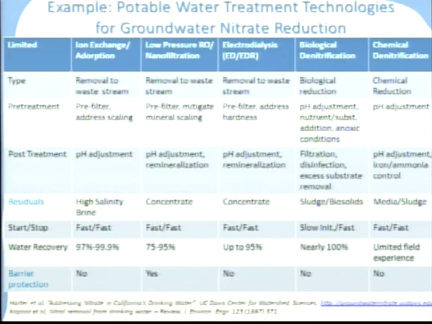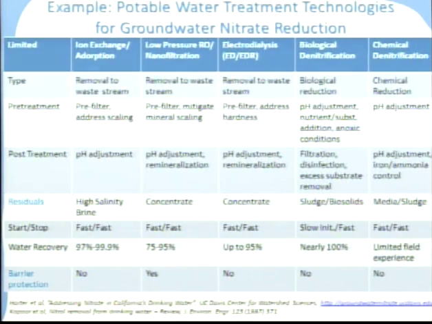So I'm just going to focus on a couple of points. Right here in terms of residuals, you notice that I didn't call it waste, I call it residuals, because sometimes what is waste to one party may in fact be a resource for another. In the case of ion exchange, we already heard that we have high salinity brine.